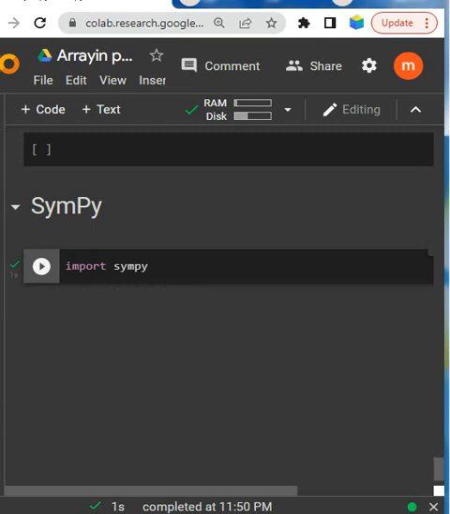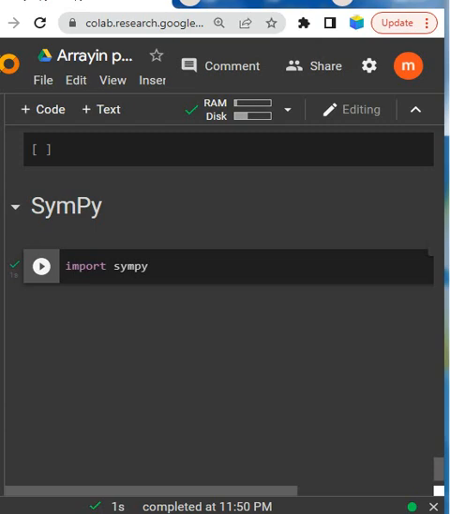You can also use from sympy import star. This is the other way you can import, as with other packages like NumPy and SciPy. We will see that later.